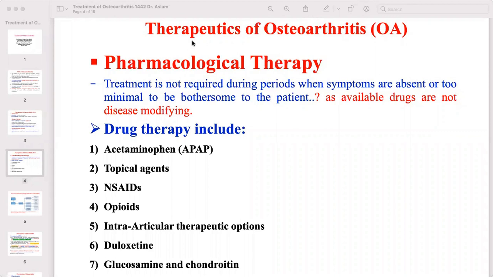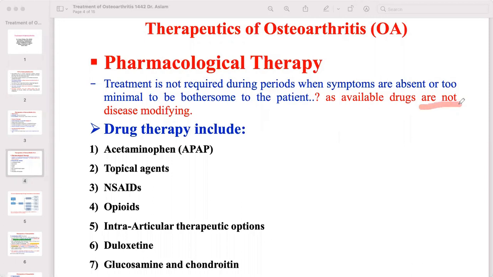Treatment is not required during periods when symptoms are absent or too minimal to be bothersome to the patient, because the available drugs are not disease modifying.